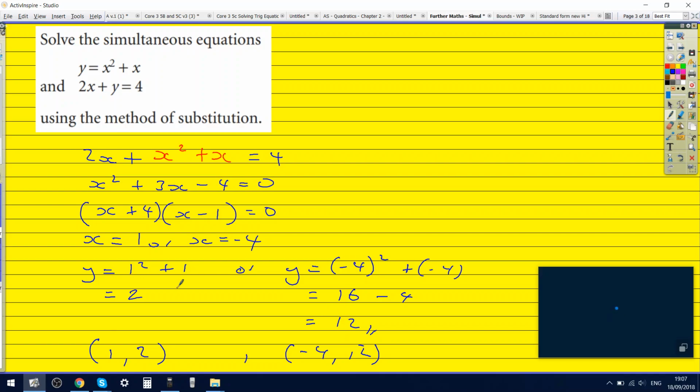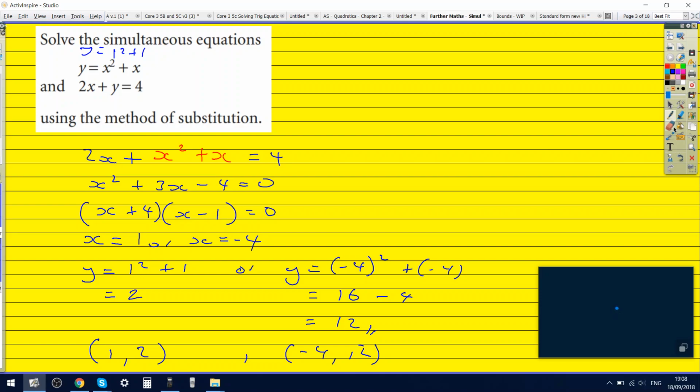So it's just to make sure that you pair them at the end. So when x equals 1, y equals 2, so you pair those up. When x equals minus 4, y equals 12, and you pair those up. But 1 doesn't match up with 12 because y equals 1 squared plus 1. You can't get 12 from that. It's just 2.